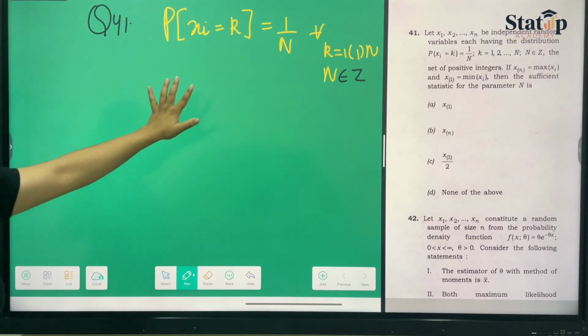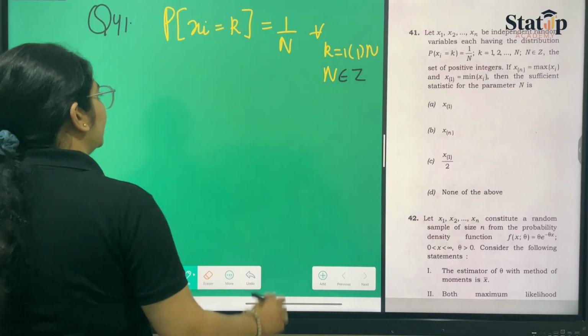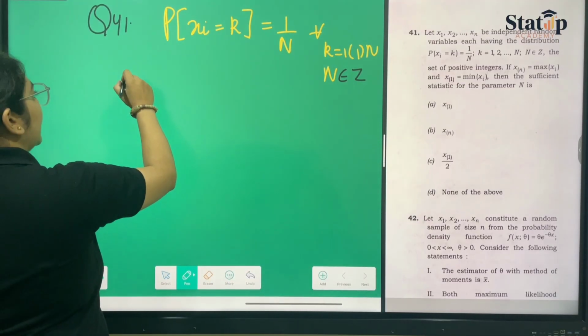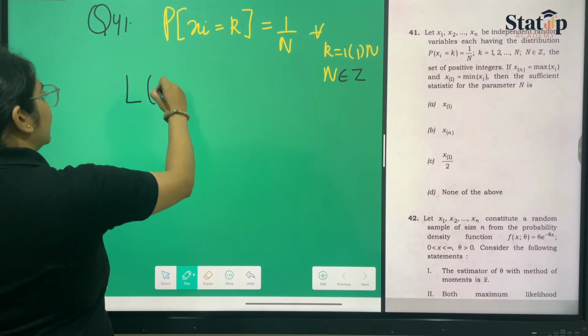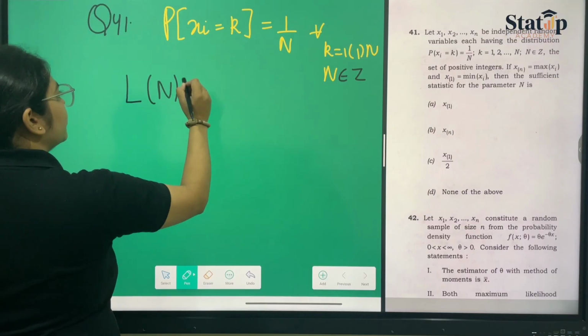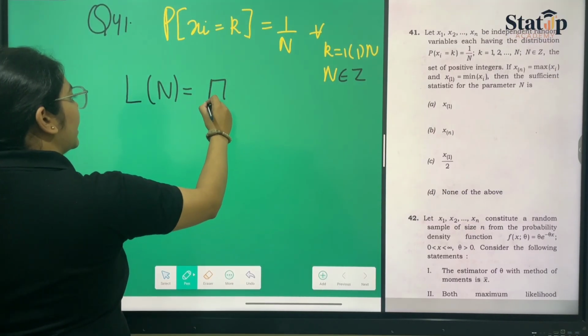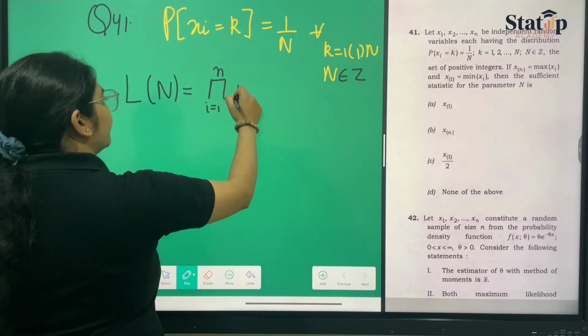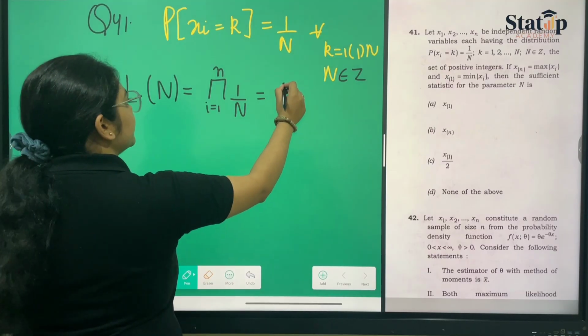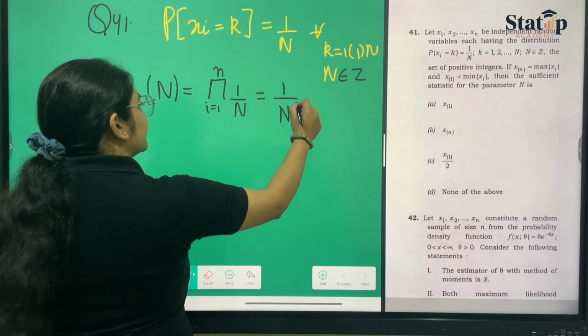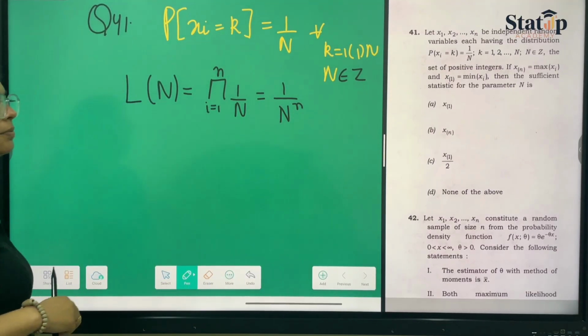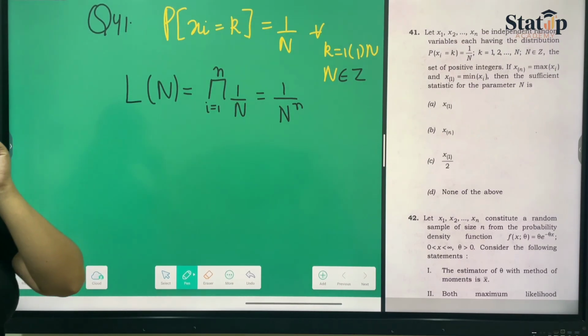First of all, we have to calculate the likelihood function. The likelihood function of N will be the product over i going from 1 to n of 1 upon N, which will simply be 1 upon N raised to the power n. This is the simplest likelihood function.